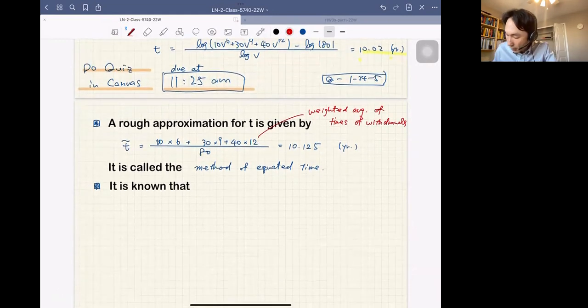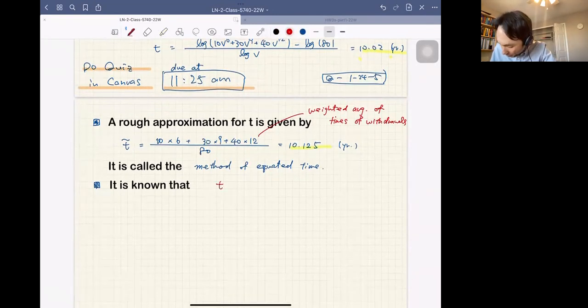This number is actually larger than the true answer, but this is always true. So T tilde is always larger than T if i is a positive number.